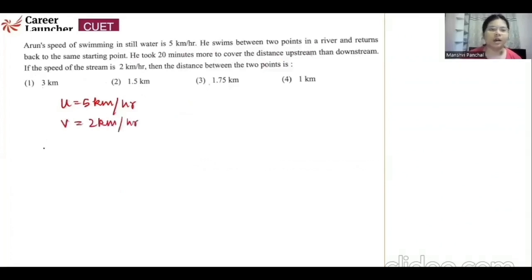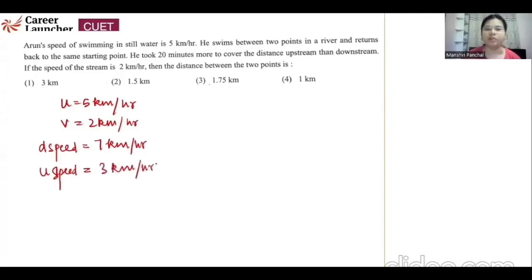It means our downstream speed will be 5 plus 2, 7 kilometers per hour, and the upstream speed will be 5 minus 2, 3 kilometers per hour. Now, according to the question, you know that time is distance upon speed. So can I say that the difference, if d is the distance, then d by 3 minus d by 7 is equal to 20 minutes.